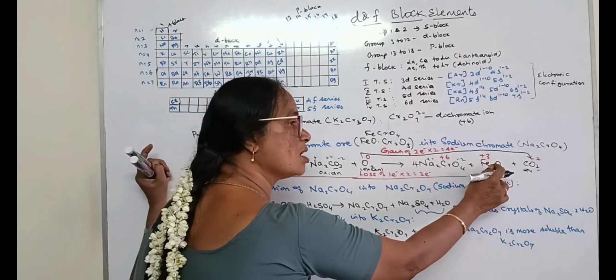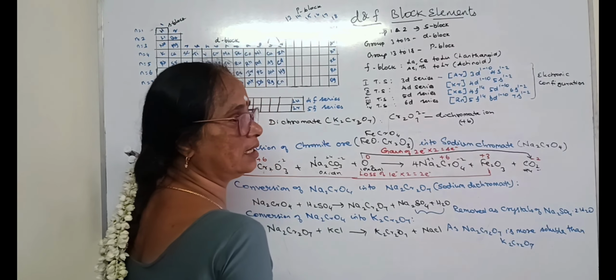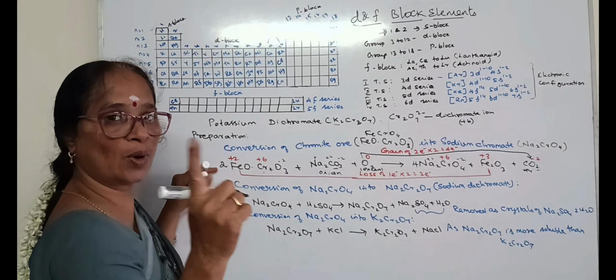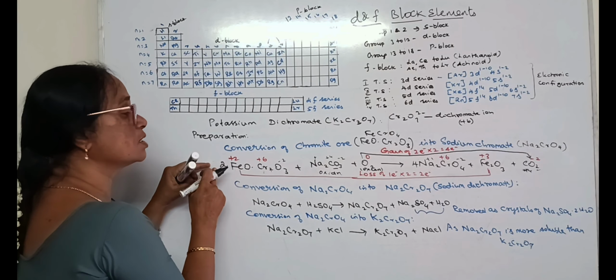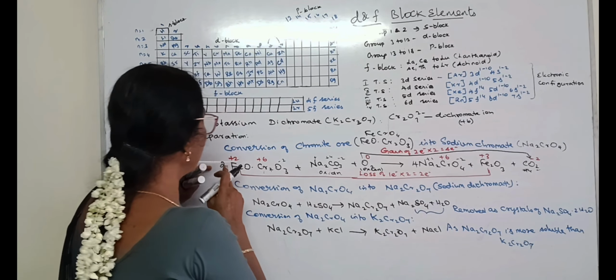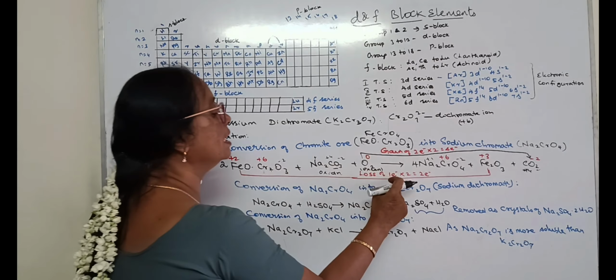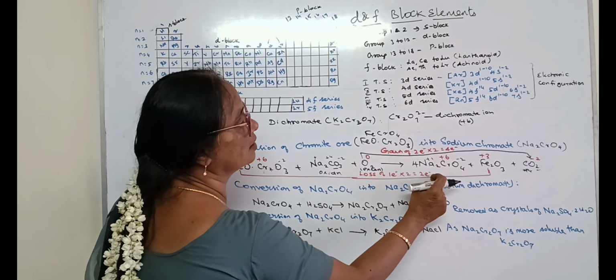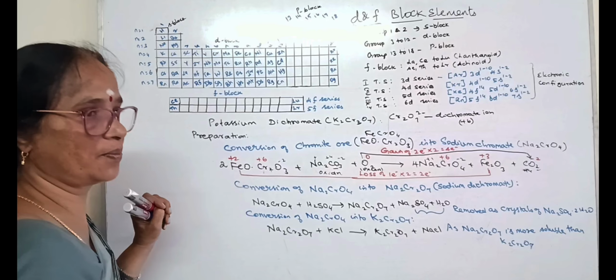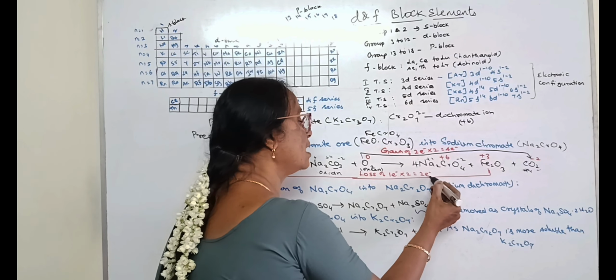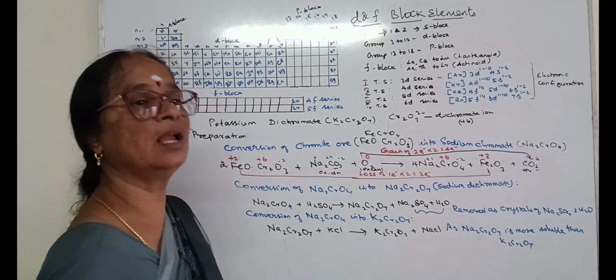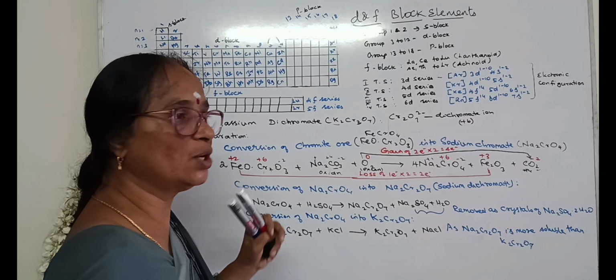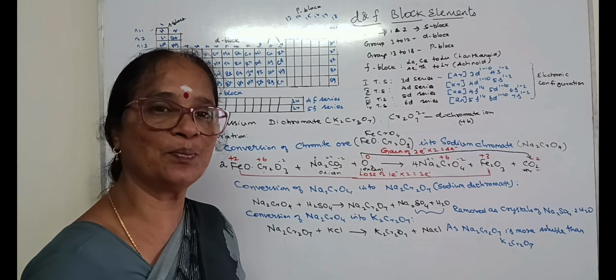But in ferric oxide I have 2 iron atoms, but in ferrous oxide I have 1. That's why I made it 2. Now I can multiply by the 2 ferrous atoms, that gives 2 electrons. That's why it forms ferric oxide. Now these electrons must be received by another element, then only the redox reaction will be completed.